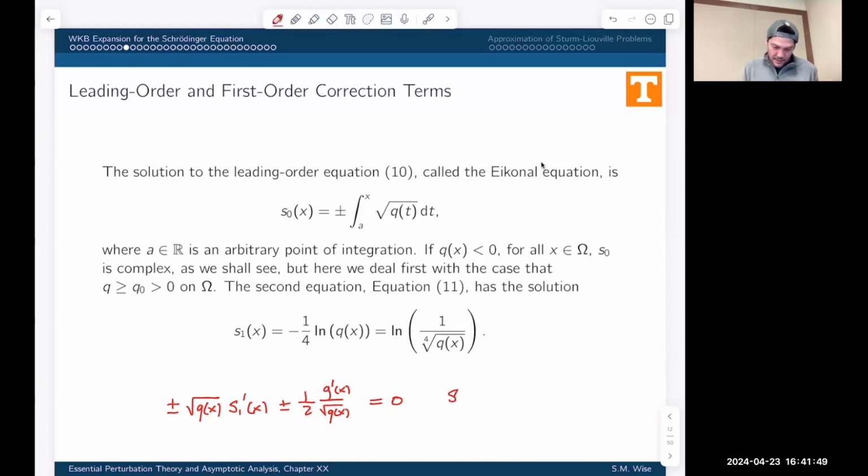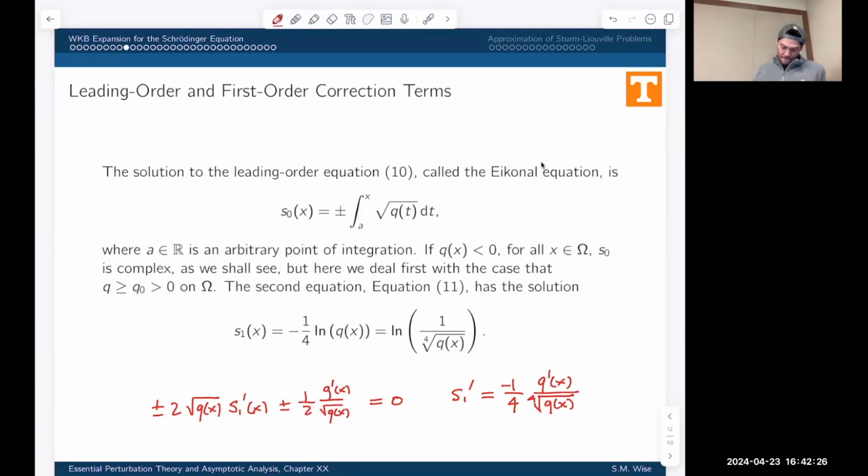Oh, I forgot my 2 out in front, didn't I? So I have S1 prime equals 1/4 with a minus, q prime over the fourth root of q, correct?